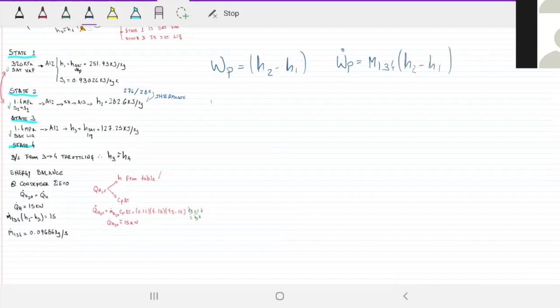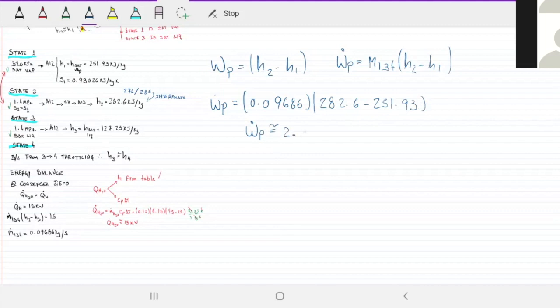So all of this will be 0.09686 times 283.6 minus 251.93, which is about 2.97 kilowatts.